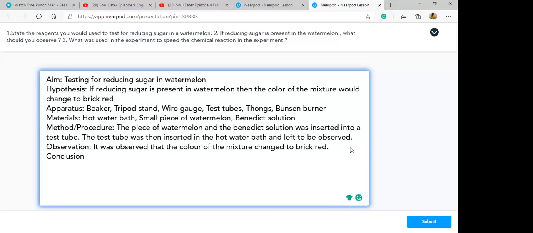No, the fact that brick red exists. The conclusion will be that reducing sugar is present in watermelon. That's all. You're basically confirming the hypothesis. Makes sense. Exactly. Reducing sugar is present in the watermelon.